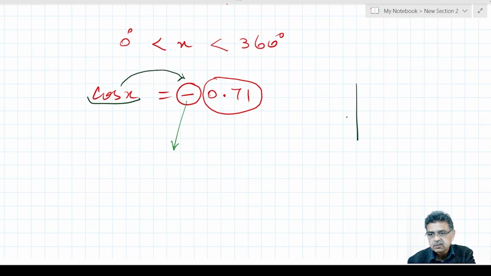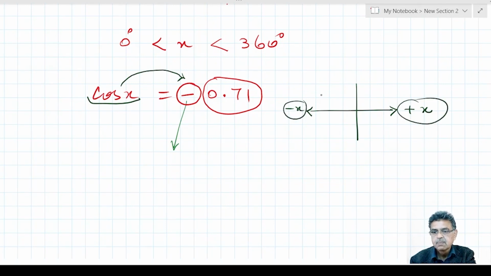So just draw a grid like this and decide which quadrants are there where cos is negative. You know how we decide, looking at the sign of x. Sign is negative on this side and positive on this side. So cos lies on a side where there is negative x. So negative x means it may be here or here.